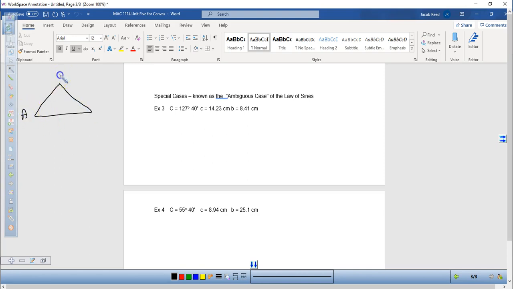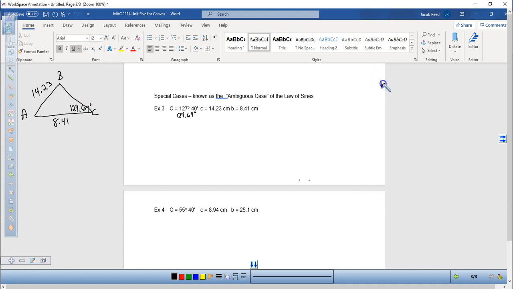It's going to be A, B, C. I've converted this to 127.67, which I'm writing in here. Across from C, I've got 14.23, and across from B, I've got 8.41. I do not have any information about A, and I don't have enough information to solve for A, but I do have enough information to solve for B. So I'm going to try to do that now.